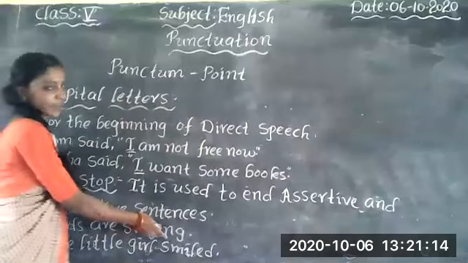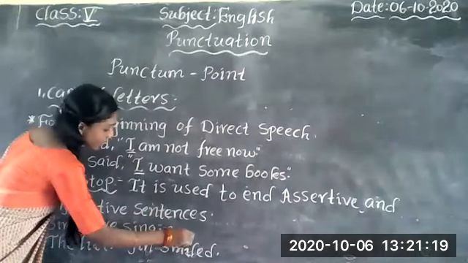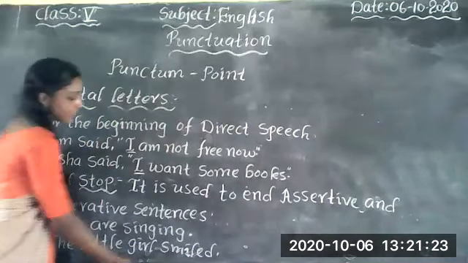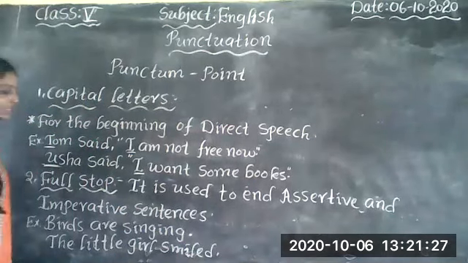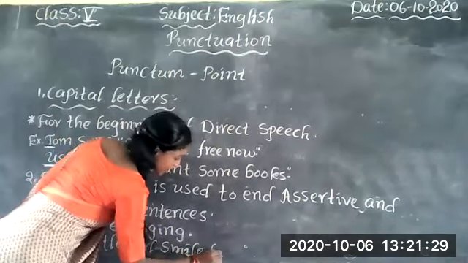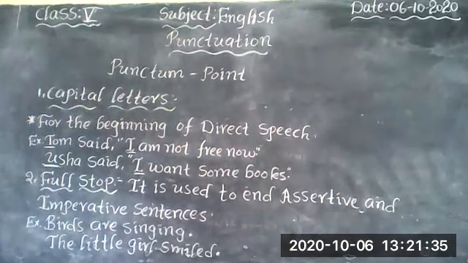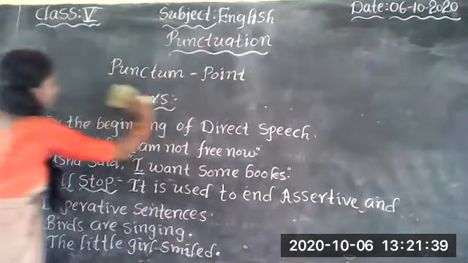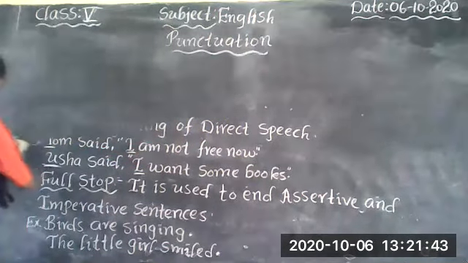Birds are singing. At the end of the sentence, I use full stop. And the little girl smiled. So this is also an assertive sentence. So at the end of the assertive sentence, I use full stop. After completion of the sentence, I used full stop.